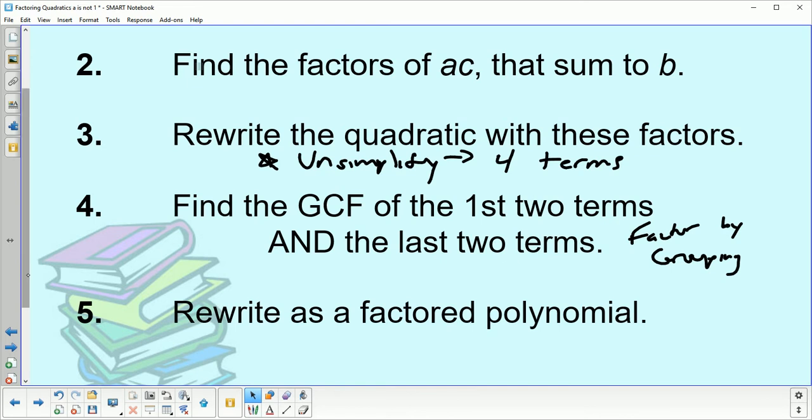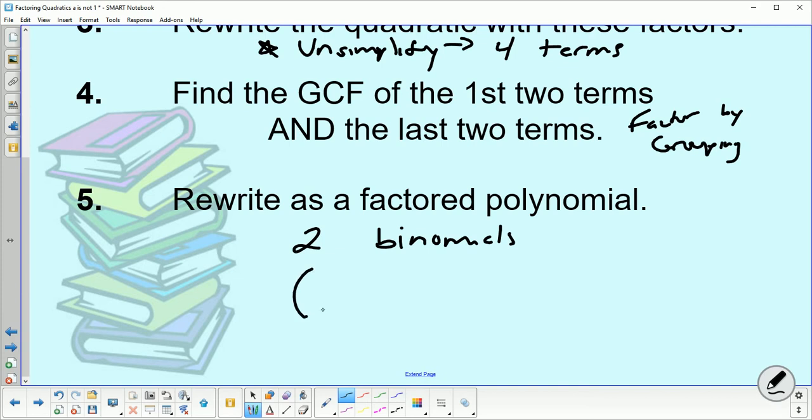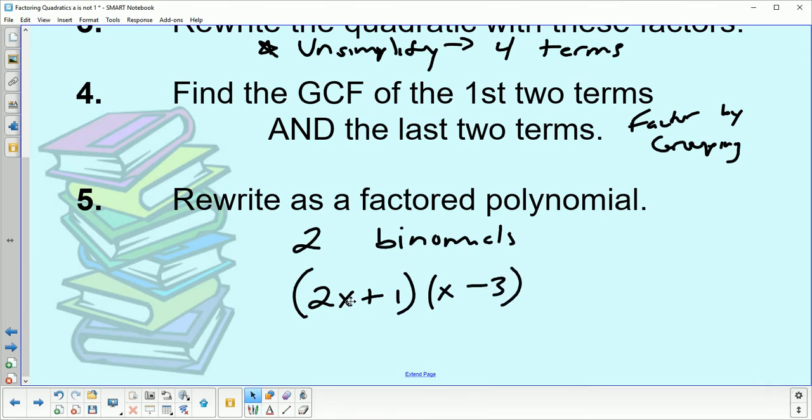And then finally you're going to rewrite it as a factored polynomial. Now remember, when we rewrite these as a factored polynomial, it's going to be 2 binomials. So we will have something like, and I can just make this up, 2x plus 1 and x minus 3. So we have 2 binomials, meaning 2 terms here added together, 2 terms here subtracted together. They could both be plus, they could both be minus.